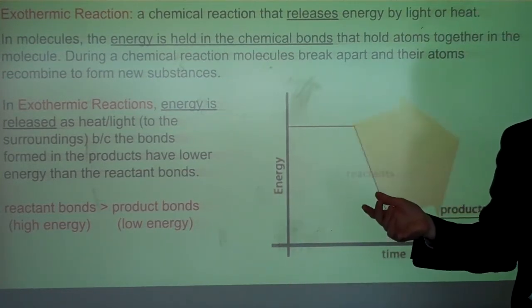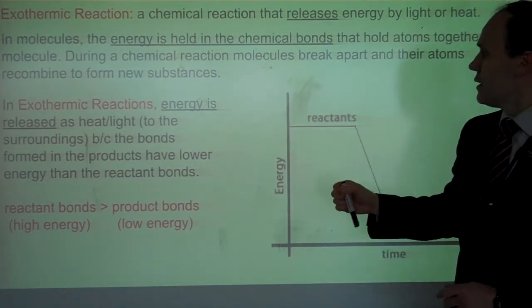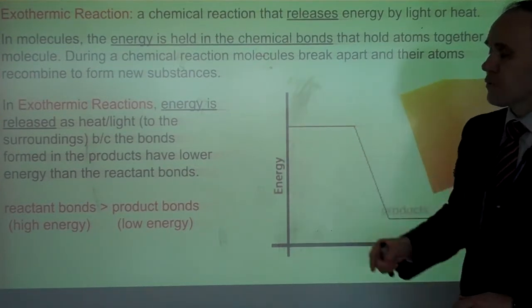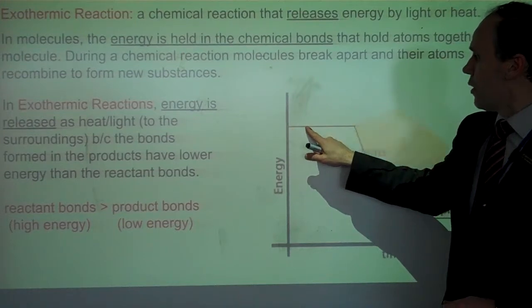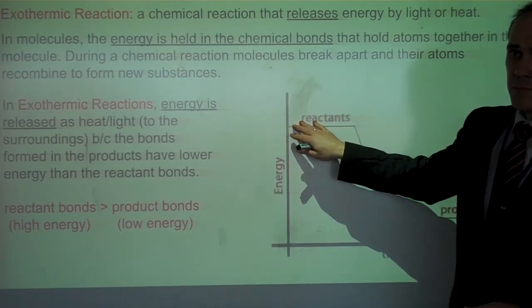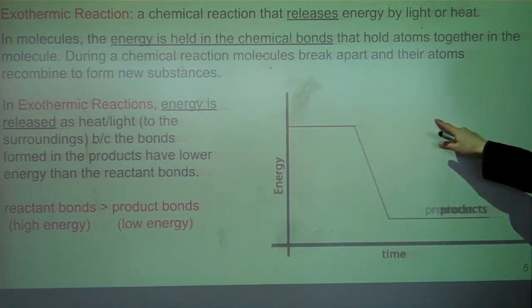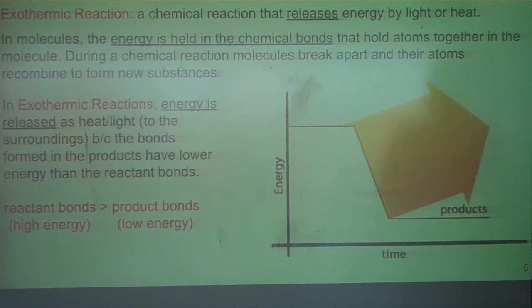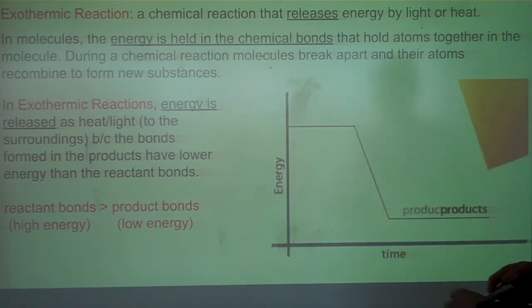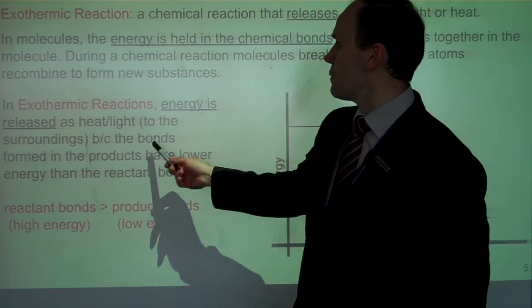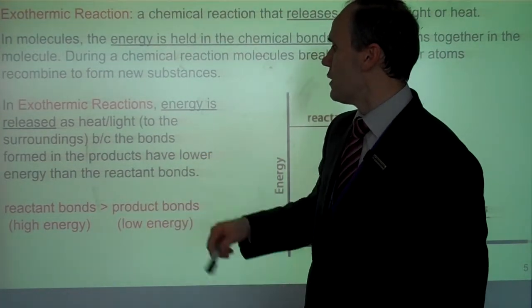We talked about hydrocarbons. And I said that the energy here is in the bonds. The reactant energy over here is high energy. The energy in the bonds over here of the products is lower. And that difference is the energy that's released. Okay? So, energy is released as heat or light to the surroundings because the bonds formed in the products have lower energy.